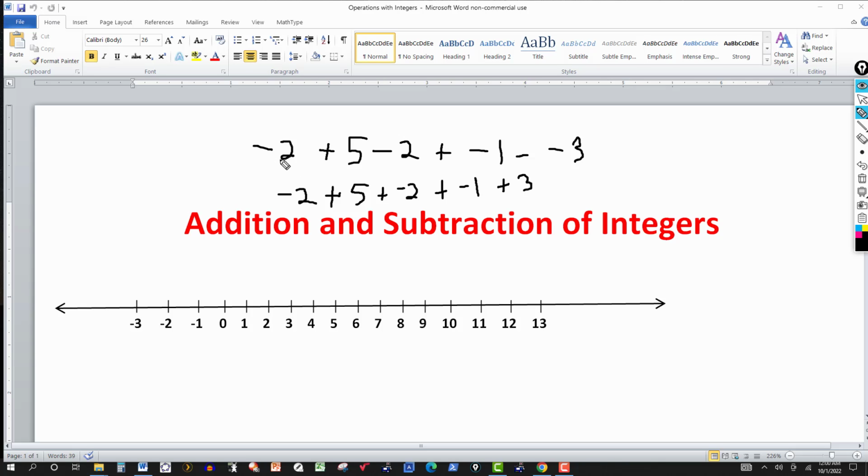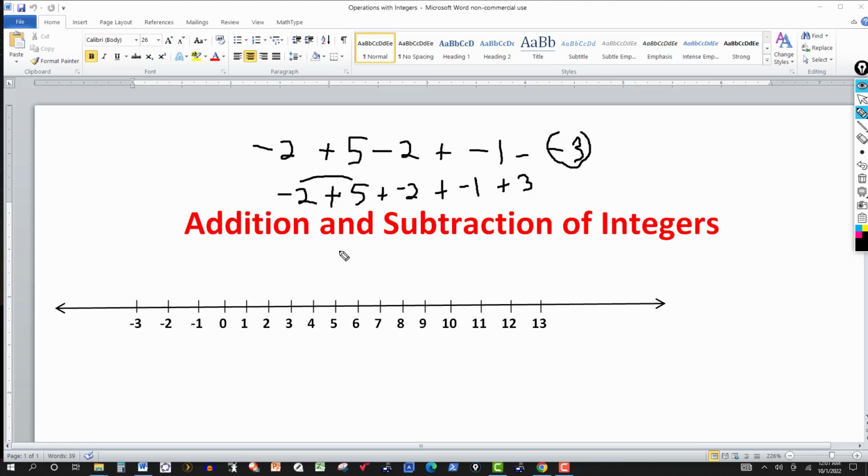So negative 2, add 5, subtract 2, I wrote it as add negative 2, and then add negative 1, already addition, and then this subtraction, change it to addition, and then take the opposite of the number you're subtracting. And then you just work it 2 at a time. Let's take these two first. Negative 2 and 5. The signs are different, so we subtract.